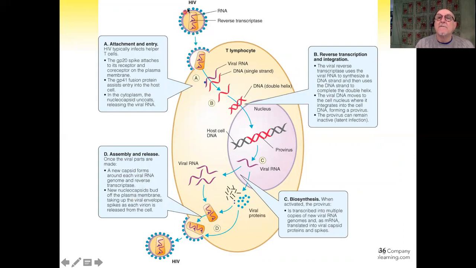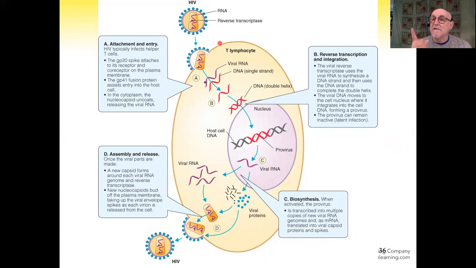So with that introduction, I'll show you here. Here's the viral particle, the virion, remember, a virion is the equivalent of a viral cell. Here's the envelope here. You can see all the spikes, Gp120 and Gp41. These have to bind to specific protein receptors on the surface of the cell, and only certain cells have them.